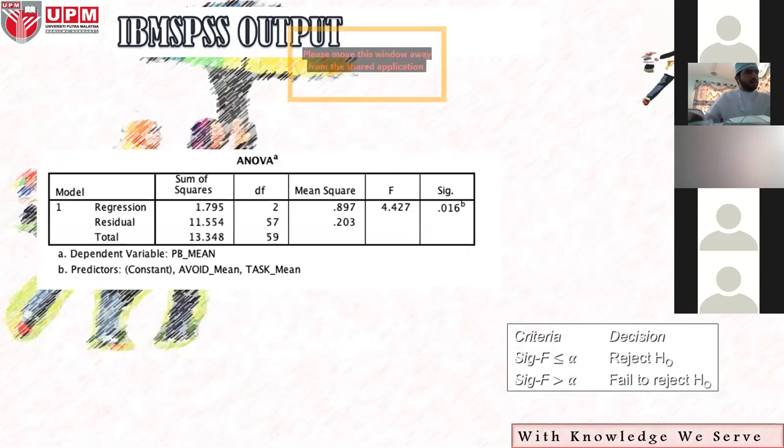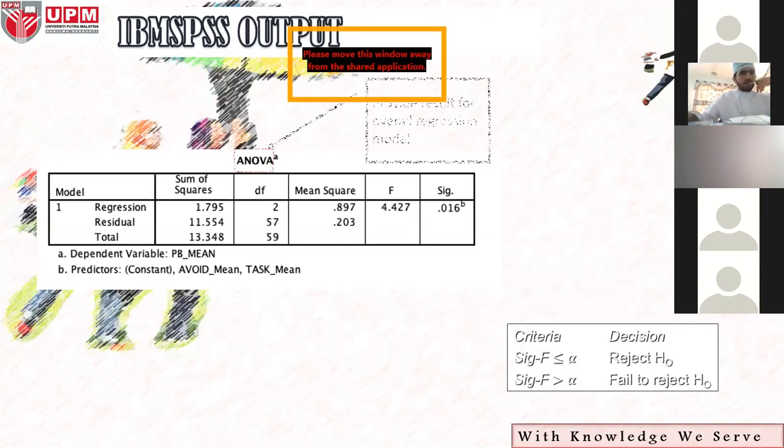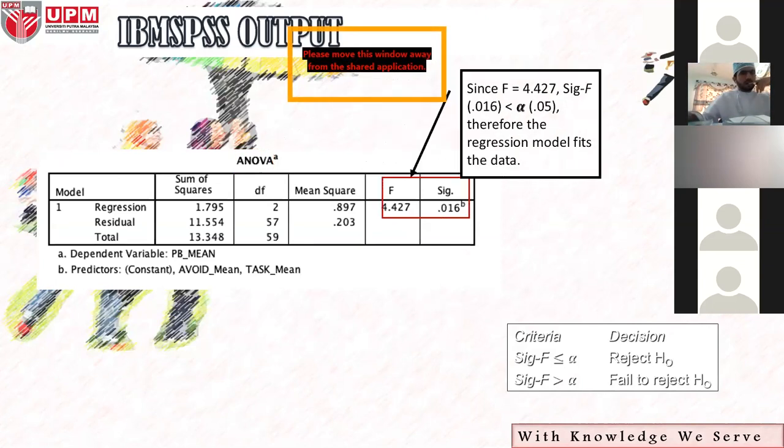So this is the ANOVA table. This ANOVA table represents the overall model. What we need is the F and significant F value. Based on the significant value of 0.016, lesser than 0.05, we can say that our overall model fits the data.